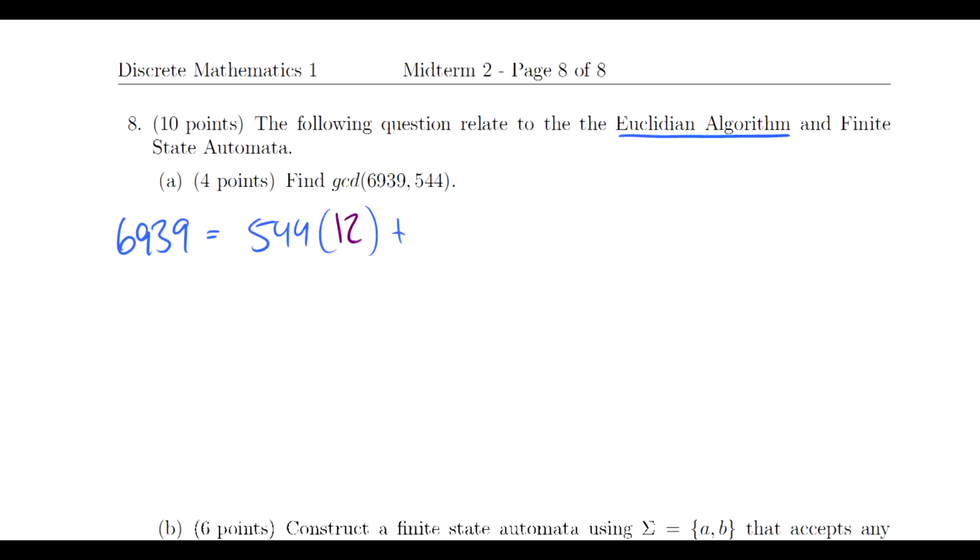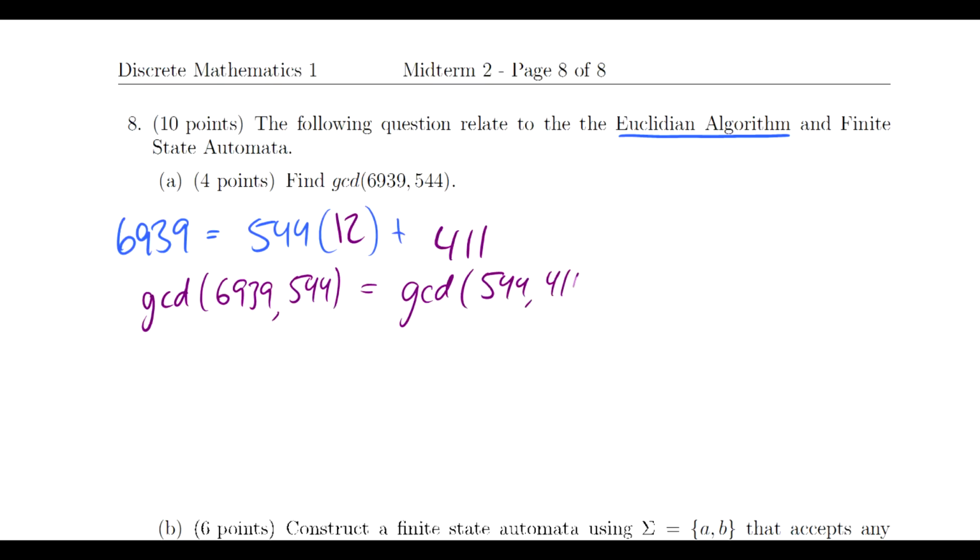So we can put 544 into it 12 times, and then we get a remainder of 411. I have the calculator done, so these numbers are correct. So that means that the GCD of 6939 and 544 is equivalent to the GCD of 544 and 411.